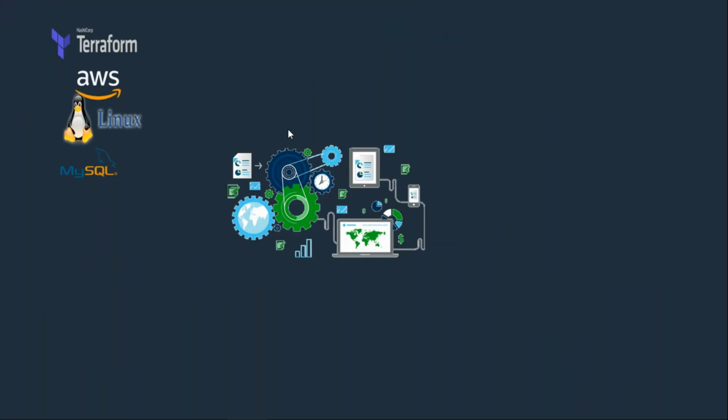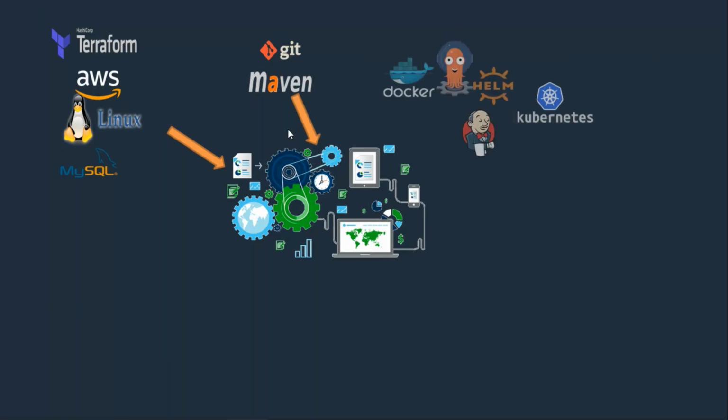Right? So in that approach, definitely we need to know the different tools that we are looking at. From the infrastructure side, we need to know Terraform, AWS Cloud, Linux operating system, MySQL database. From the build perspective, Git and Maven. From the containerization perspective, Docker, Argo CD, Helm deployments, Jenkins, Kubernetes.